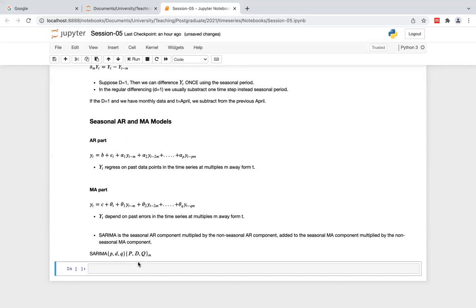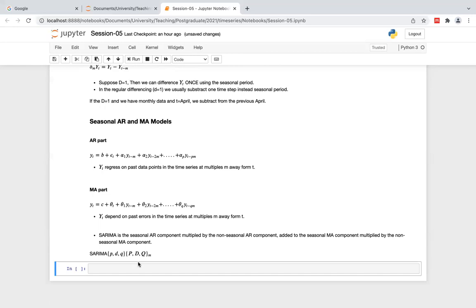What are these parameters? Uppercase P, D, Q, and lowercase m. Lowercase m stands for the seasonal period, which means the time duration where the seasonal component repeats. Uppercase P stands for the seasonal autoregressive order.